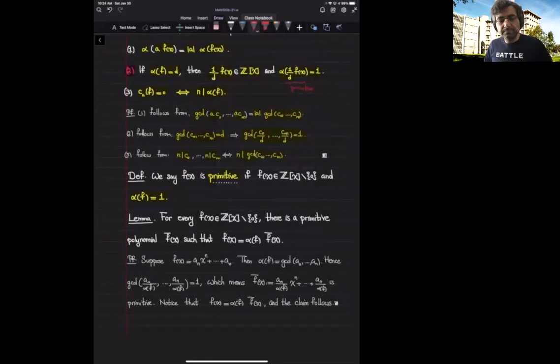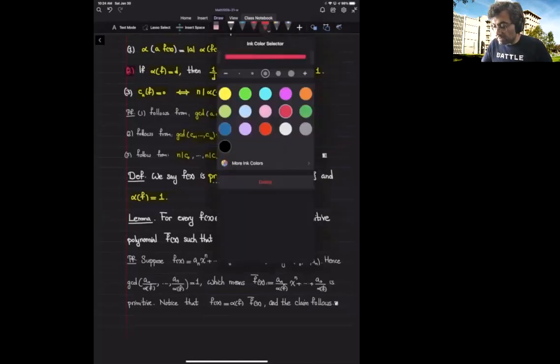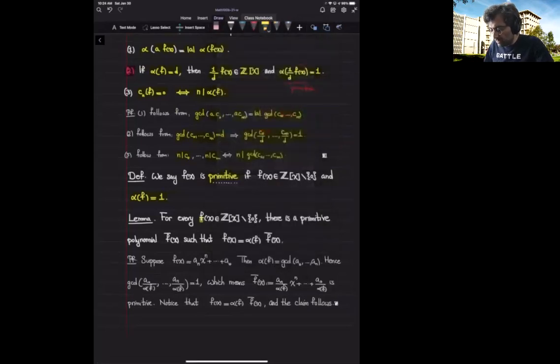Okay, so it is primitive. That means if I call this f bar, then I can write down f as this polynomial times d, and d is the content of f. So overall, this discussion shows that every non-zero integer polynomial can be written as its content times a primitive polynomial.